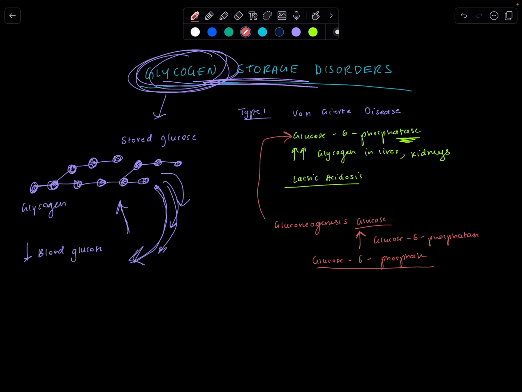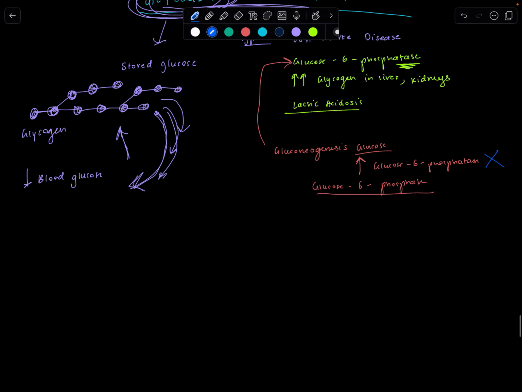Now let's think about it. If we have deficient glucose 6-phosphatase, that means that gluconeogenesis cannot completely occur. So we're going to have a buildup of our reactants for gluconeogenesis, or our previous substrates that are before this step. And that is going to also cause a buildup in pyruvate, because we know in gluconeogenesis we are going from pyruvate to glucose through all of these steps.